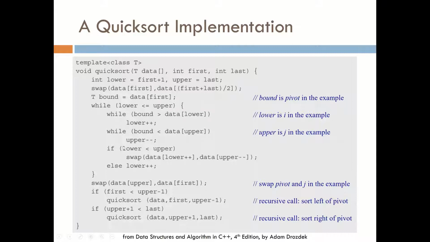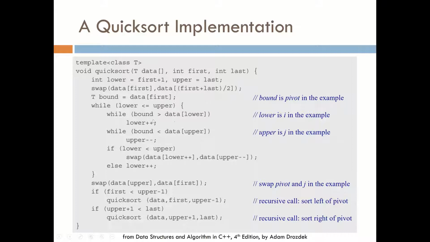We then go into this while loop as long as lower is less than or equal to upper. So that means as long as we have at least something to sort. And the key here, when lower is greater than upper, or upper is less than lower, that's when this while loop will terminate.